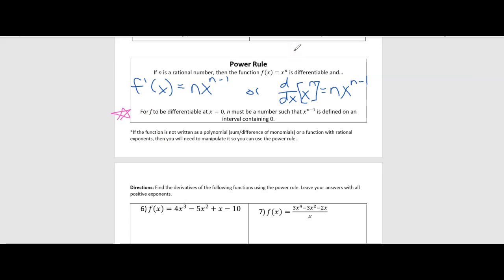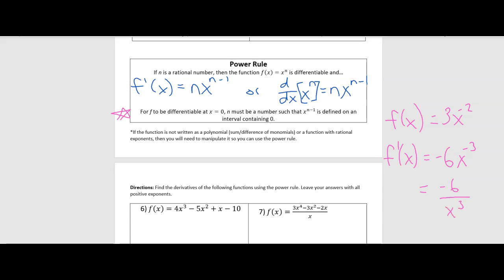And all they're saying with that statement is that if we had a function, let's do the original function first, f of x is equal to, let's say, 3x to the negative second power, if I took the derivative, I get f prime of x is equal to negative 6 times x to the negative third power, which is really equal to negative 6 over x cubed.